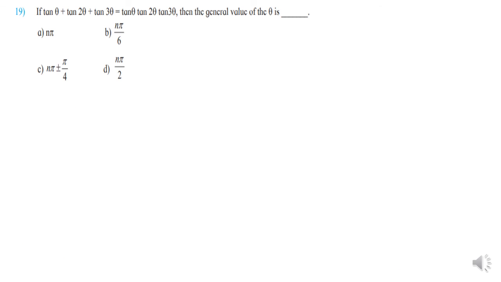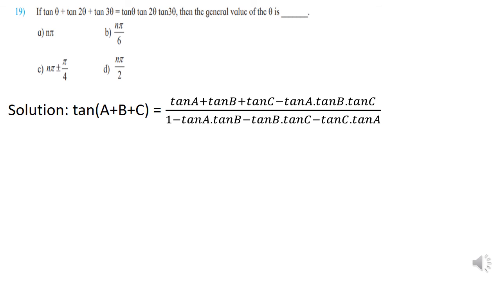Now the 19th MCQ. If tan theta plus tan 2 theta plus tan 3 theta is equal to tan theta into tan 2 theta into tan 3 theta, then we have to find the general value of angle theta. Now we have to use this particular rule over here to find the answer. This rule is an extension of your last year's formula, that is tan (A plus B).